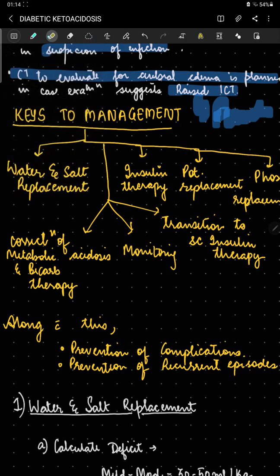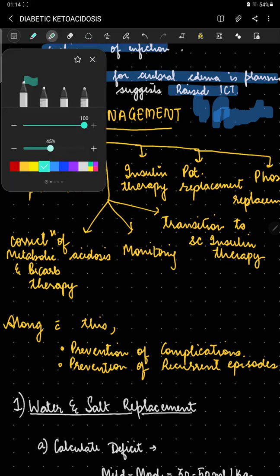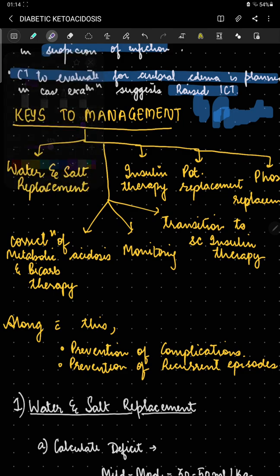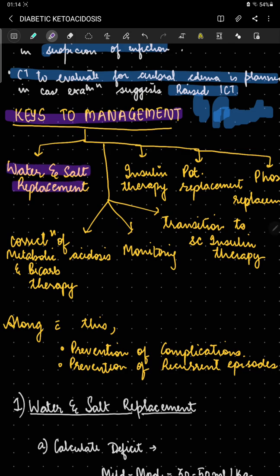Now, the major keys to the management are somewhat what you might have studied or seen in your emergency setting. First of all, the key to the management, as soon as the child comes to you very dehydrated and breathing rapidly, is water and salt replacement, followed by insulin therapy, followed by potassium replacement, followed by phosphate replacement.